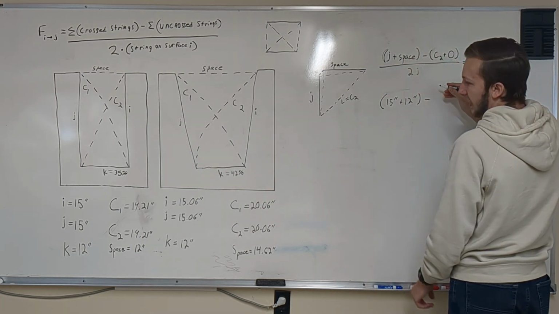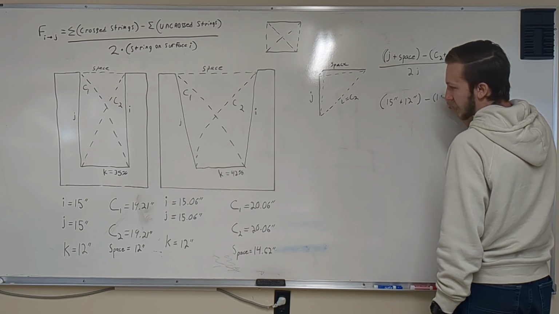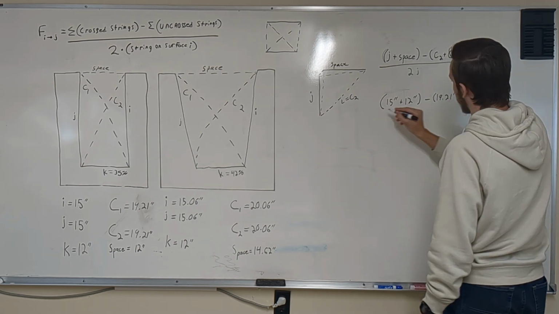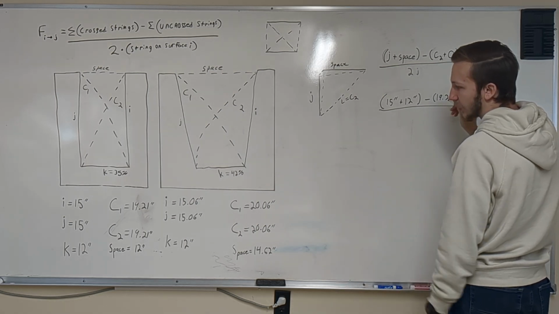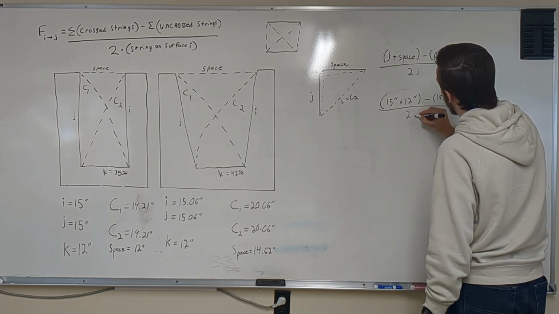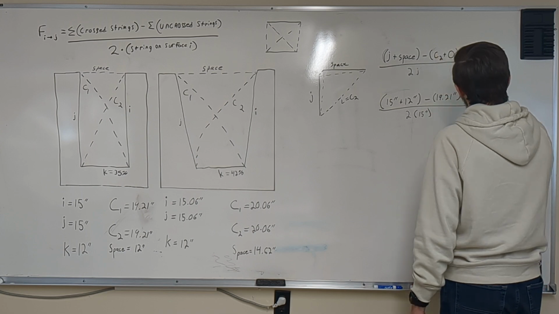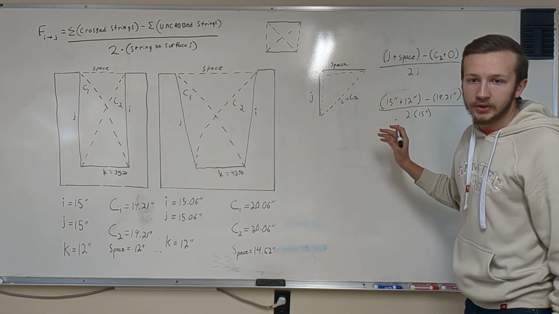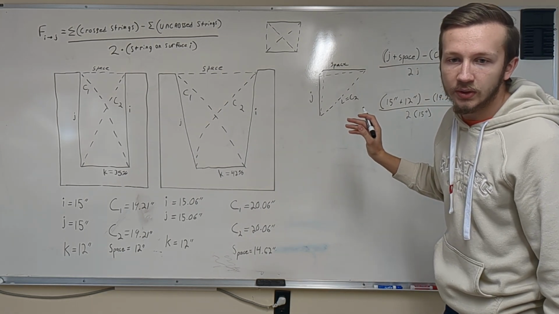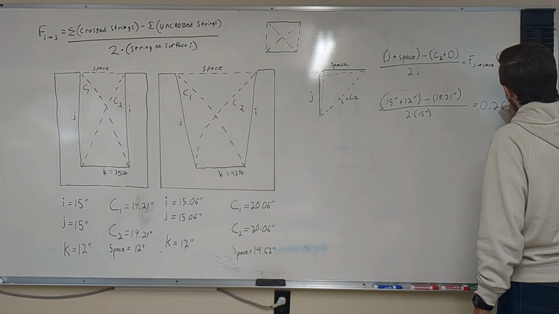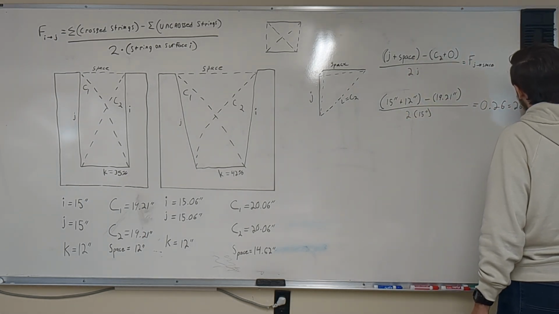Our C2 is 19.21 inches. And then plus 0, so it stays 19.21. And then divided by 2 times J, which is 15 inches. When you do the math, you get that this is equal to 0.26, or 26%.